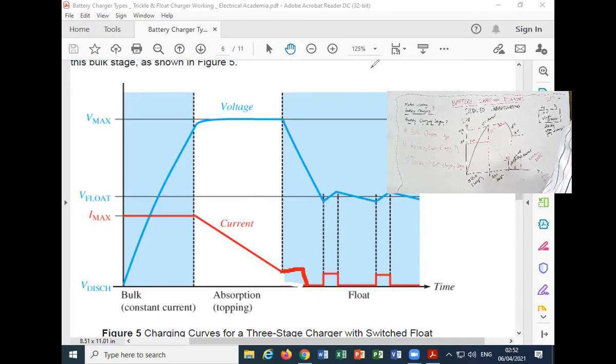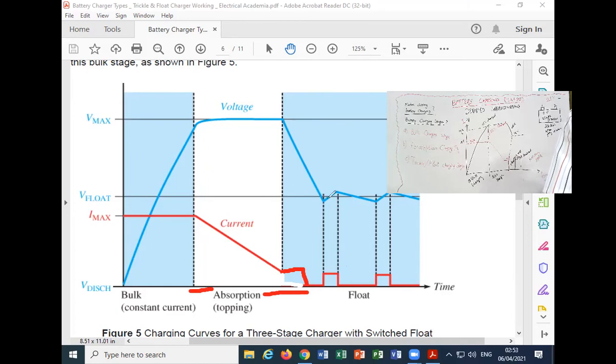So this is what is known as the absorption stage or topping stage. And then you have the finishing stage. Now if there is trickle charging or float charging available, then after some time the battery charger will again start charging the battery, and you can see the voltage dropped to the floating value, and then it moved up and then dropped.